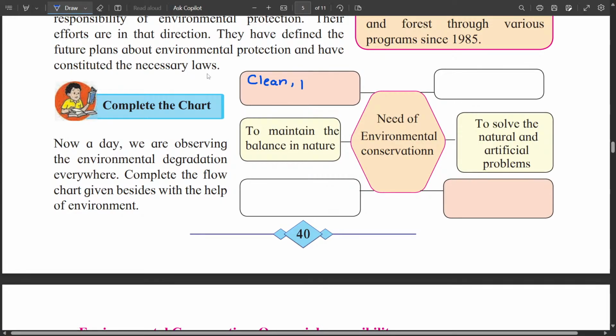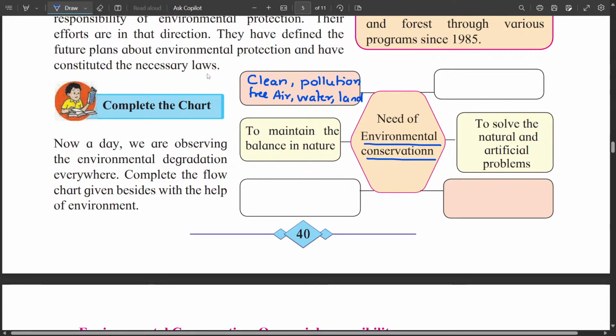Clean and pollution free air, water and land. We have seen the adverse effects of the pollution in the last section. So we must conserve our environment so that the environment is pollution free.